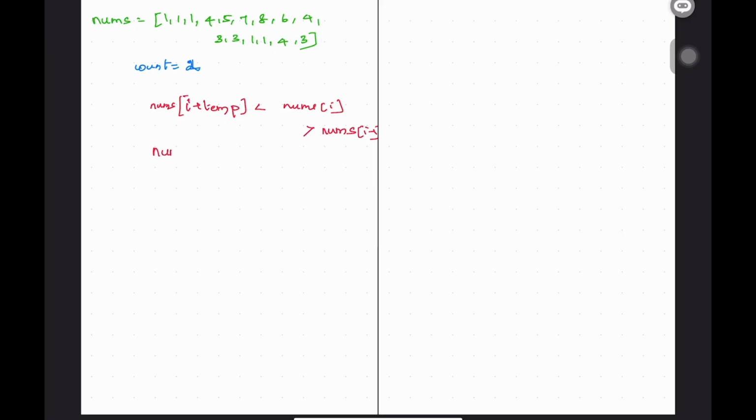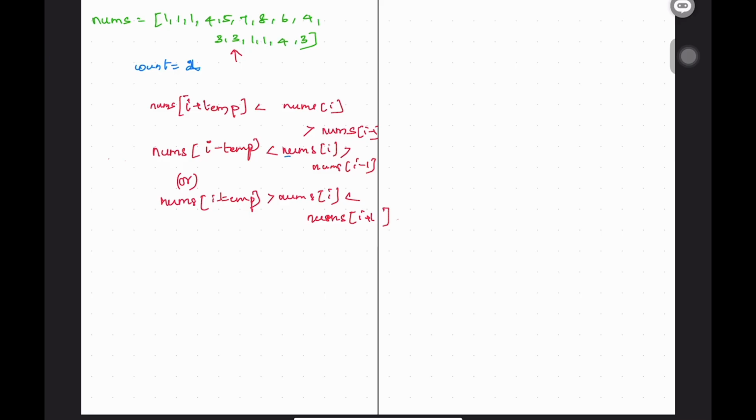So now nums of I minus temp. My assumption is now I'm at this index. So my I minus temp is less than nums of I, greater than nums of I minus 1, or this should be greater to have a hill.